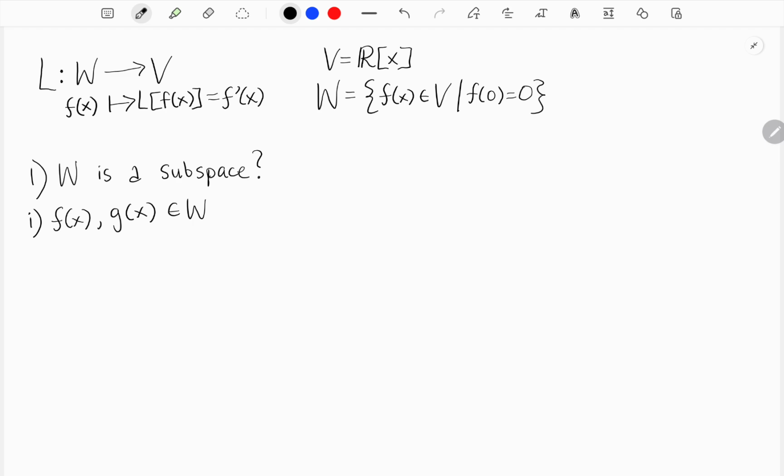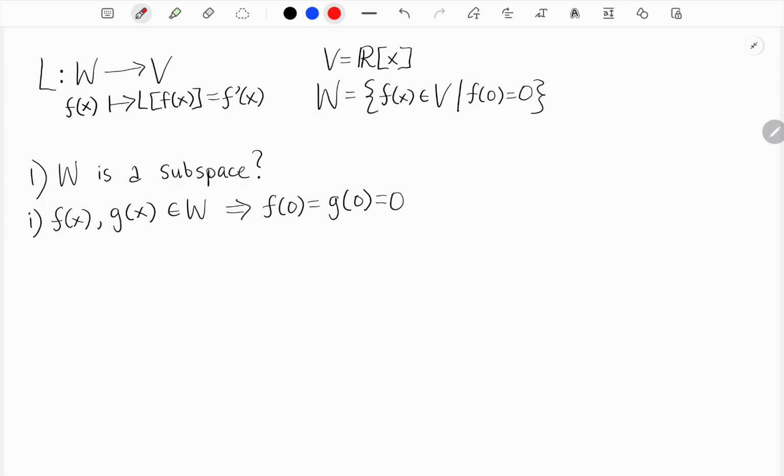So let's say we have f of x and g of x, they're both in W. What does that mean? It means that f of 0 is equal to 0, which is also g of 0. That's just a condition: if you're a polynomial in W, that just means the polynomial evaluated at x equals 0 is 0.